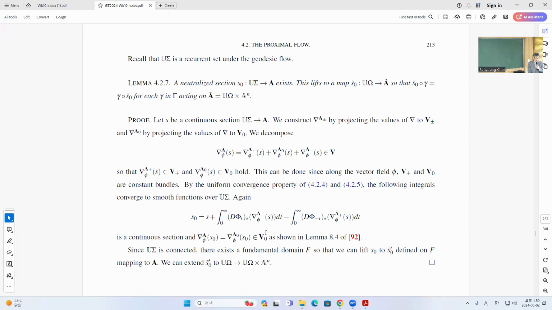Okay. And the point is, if you add and then subtract, then you get the standard connection, where the A minus part and A plus part will vanish.